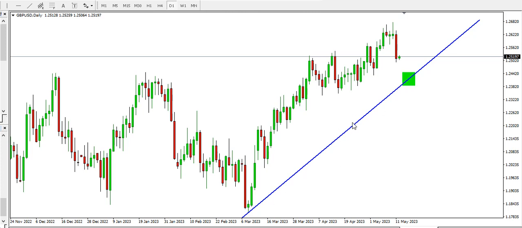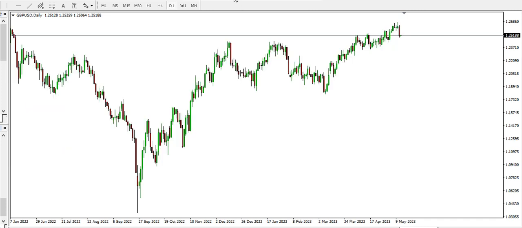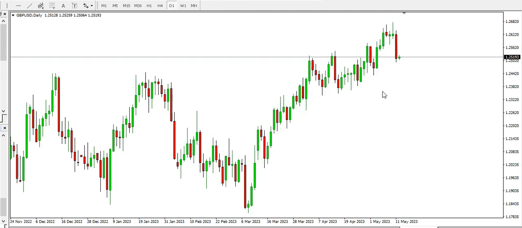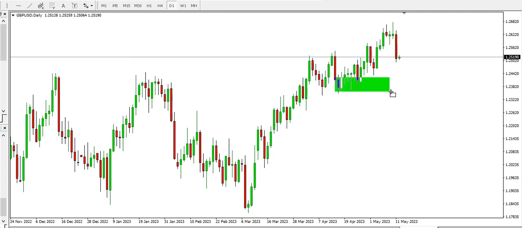But for now, the trend line is respected. So the bulls are still in charge of the daily time frame, but it's as if the bears are trying to step in and push price down. If the bears push the price of GBPUSD down, we might see support around here. Here might serve as support on the daily time frame.